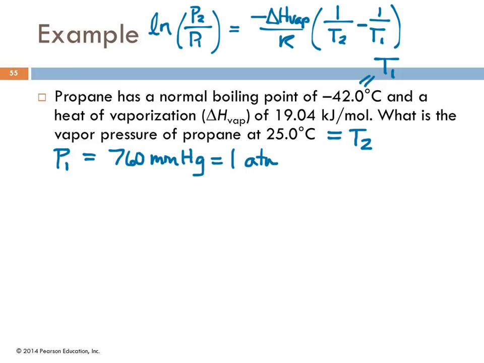Does it matter? Well, yeah, actually it does, because of R. R is in there, and so we need to use whatever pressure units are appropriate for the R that we're going to use. The one that we have memorized is 0.08206 liter atmospheres per mole Kelvin. But then we look at this heat of vaporization with the 19.04 kilojoules, and that doesn't look like that's going to work out very well, does it?